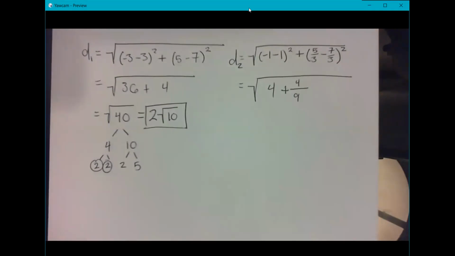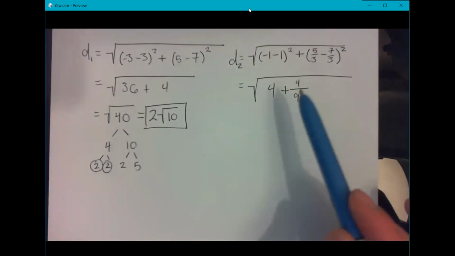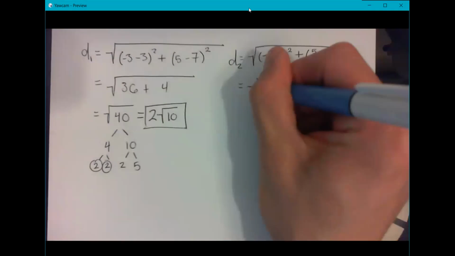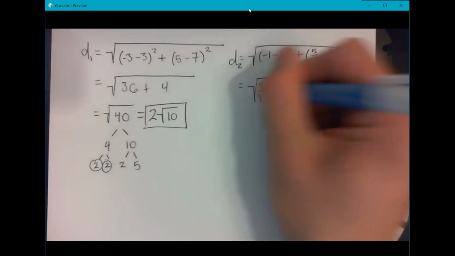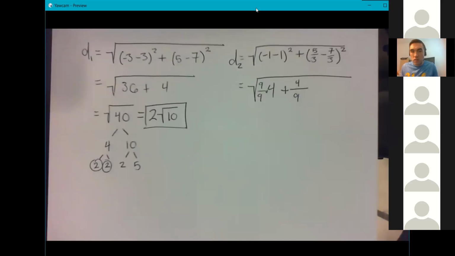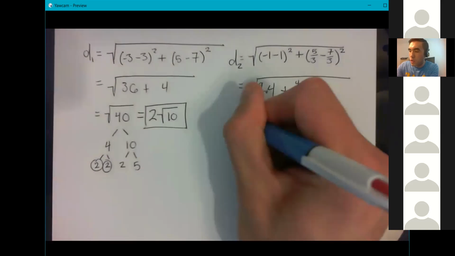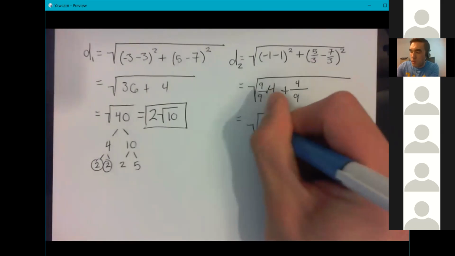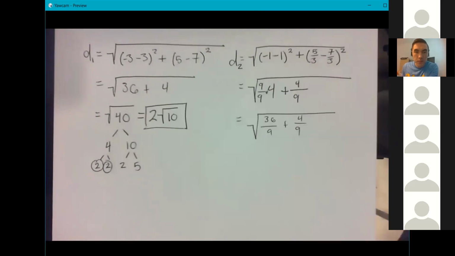Now, in order to add these, I'm going to have to come up with a common denominator. This denominator is 9, so I'm going to take this 4 and multiply it by 9/9. The point of doing that is that 9/9 is equal to 1, so it's not actually going to change the value. It's just going to make it so that I can add these two. So this is equal to the square root of 36/9 plus 4/9.